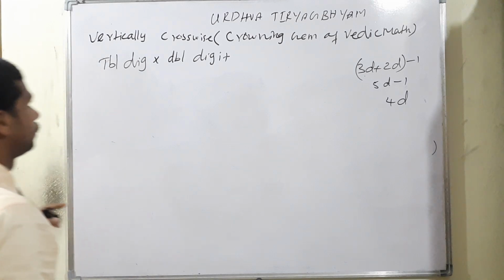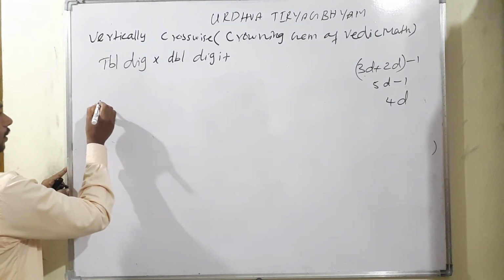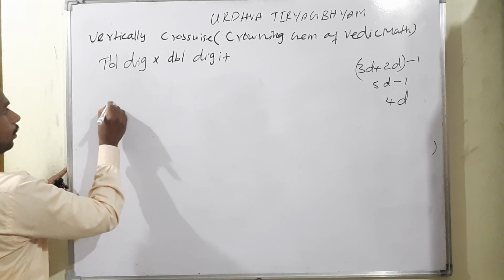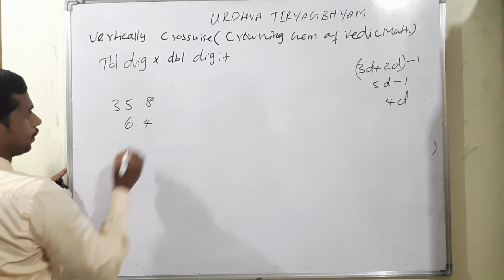Listen very carefully. Again, some examples we can discuss. Triple digit number 358 into 64.